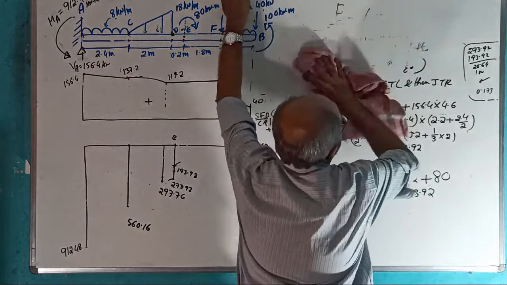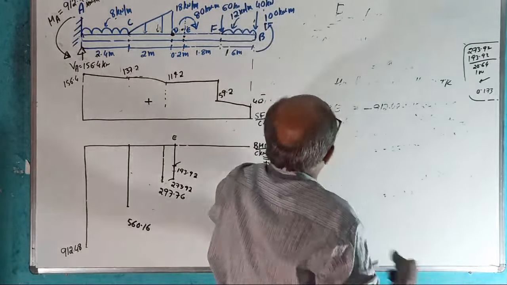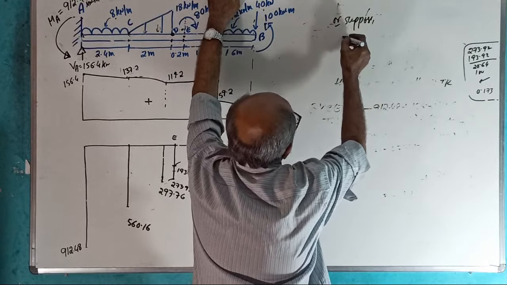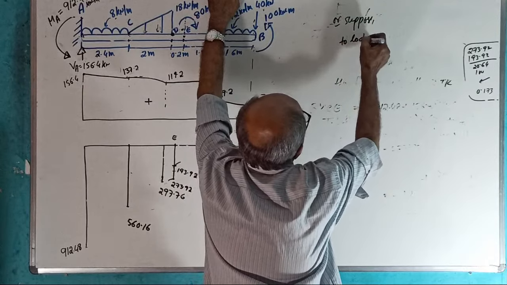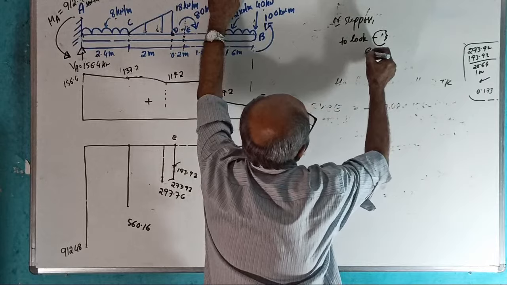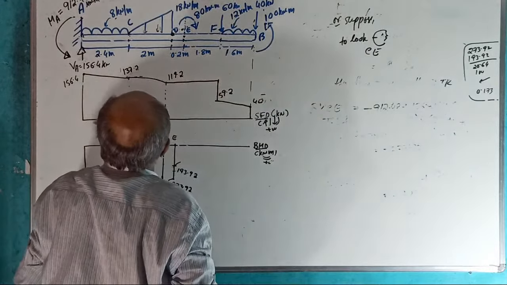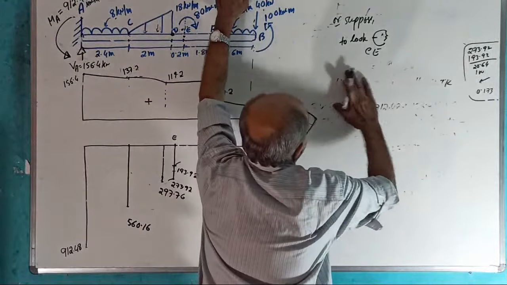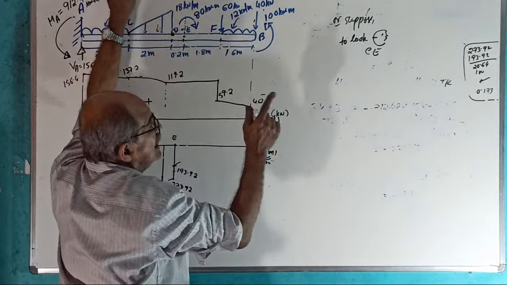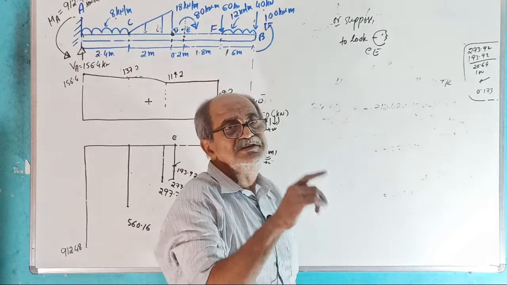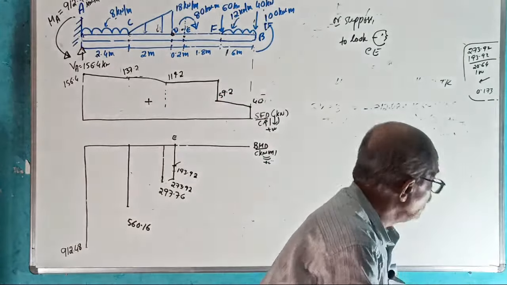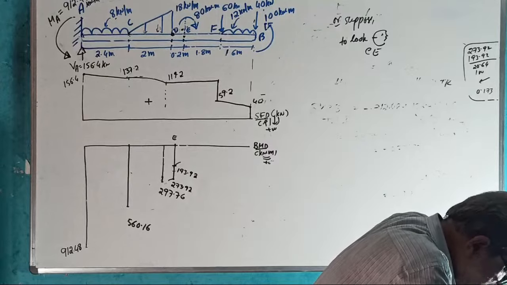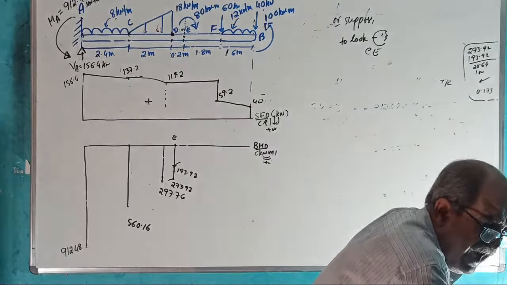Answer is there. Now, write a note. Or, suppose someone decided to look right side at the point E. Some people say, sir, I don't want left, sir, something is showing there, I will look right. Fine, if you look right, as you come from the right side, tell me, first you are to find BM JTR or JTL? If you come from the right, first you are to find BM JTR or JTL.